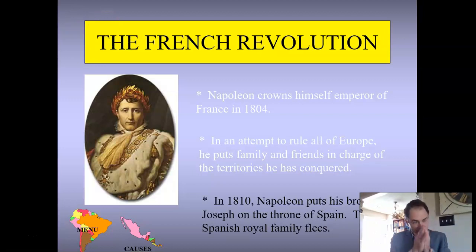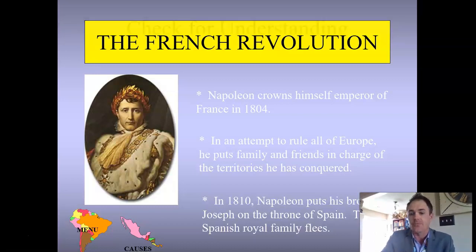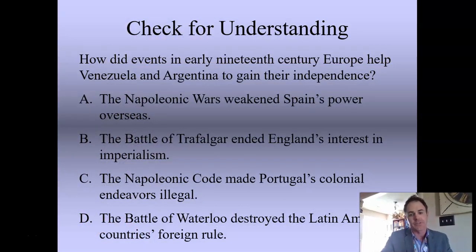So in this chaotic environment, the Latin Americans see an opportunity to assert their own independence, and they largely succeed, as we will see soon. But first, let's check your understanding.